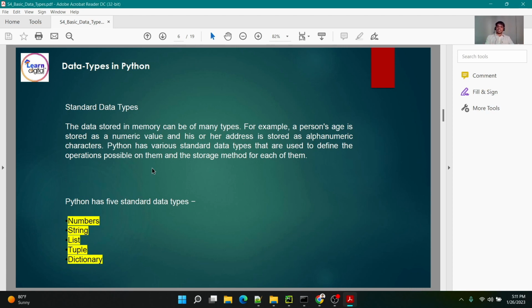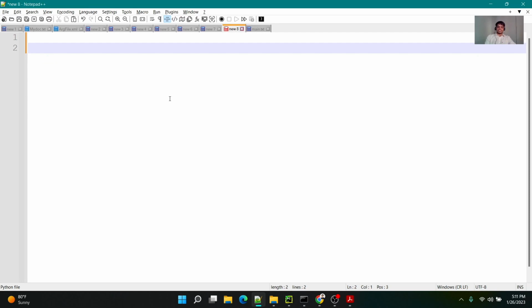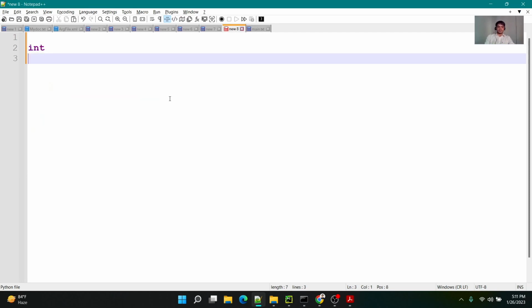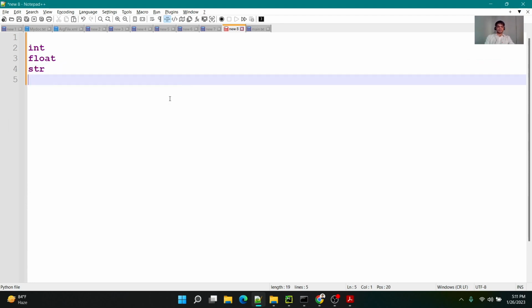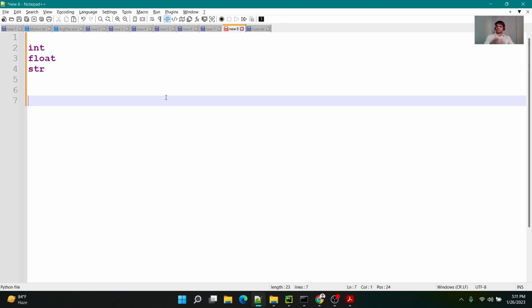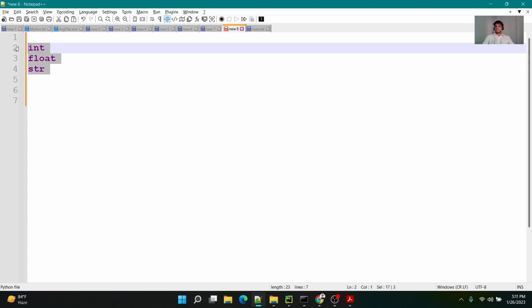It comprises only certain distinctive types of data, which are integer, float, string, and there is more to it, but we will go slow. Let's first cover what an integer is, what a float is, and what a string is, right?